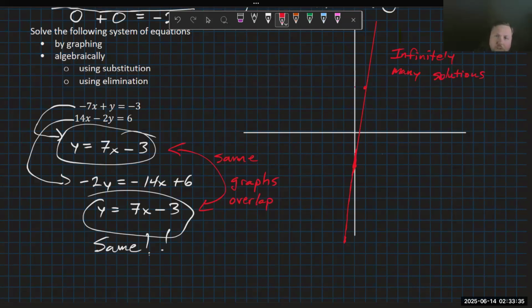And of course, you could just state that the infinite number of solutions is just from this equation. So every ordered pair that equation cranks out is a solution to that original system of equations. And here we call this consistent, dependent.